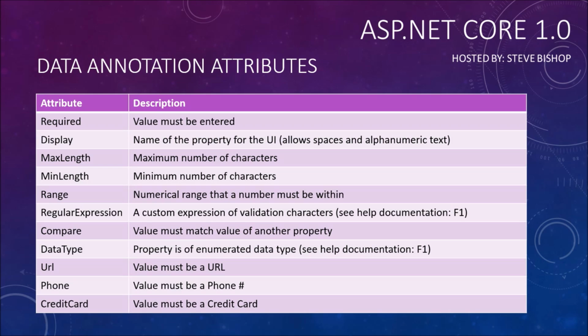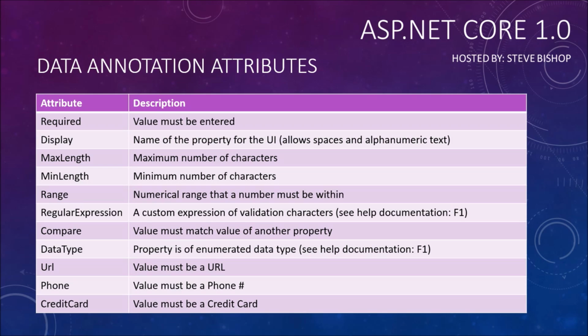The data type attribute is another type of validation that will give you an enumerated list of data types. I'm not going to go over the data type attribute and all of the different enumerated data types that you can have. It's a pretty lengthy list, so you're going to want to take a look at the documentation on how to use the data type attribute.